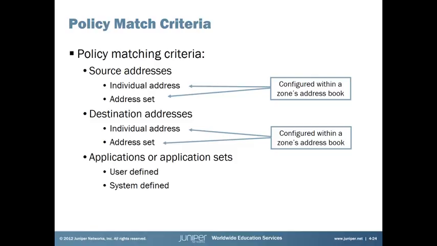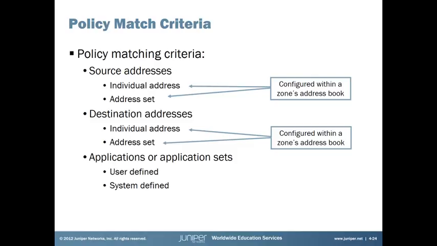Now, when we have a source address, we don't just type the IP address into the policy. Before we create the policy, we create a thing called an address book. In the address book, we put a name of a thing and its IP address. Let's say we want to create a policy to allow traffic into an FTP server inside our organization.